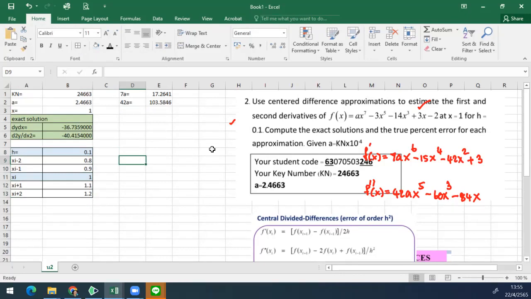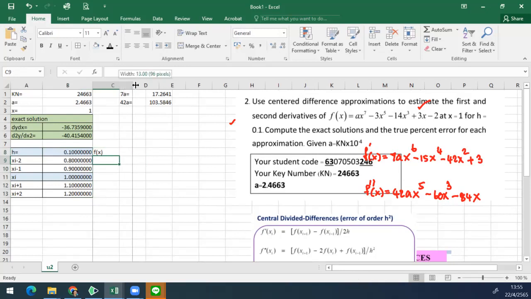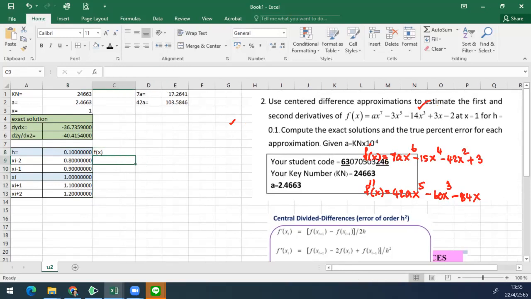Okay, after we have xi already, right? Then we determine fx. Fx is equal to what?